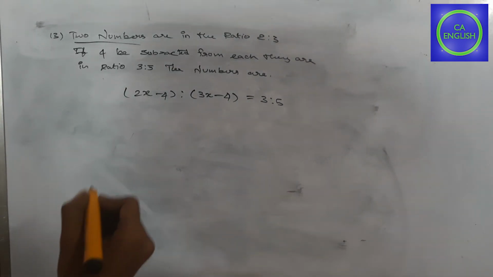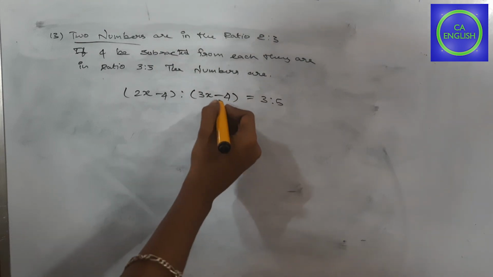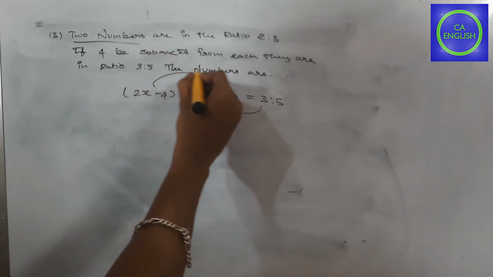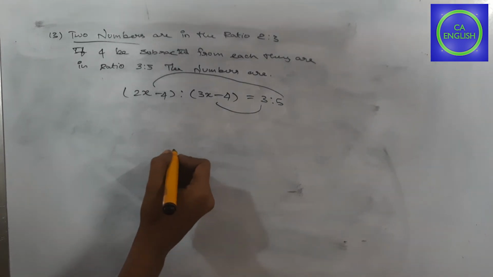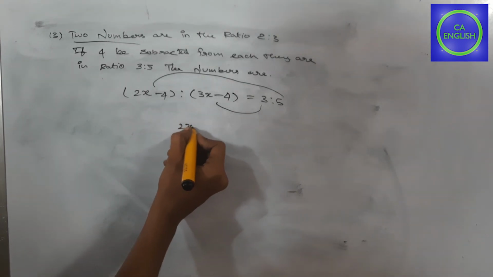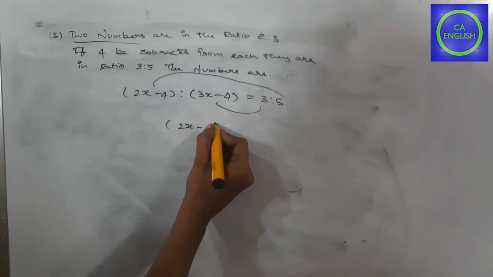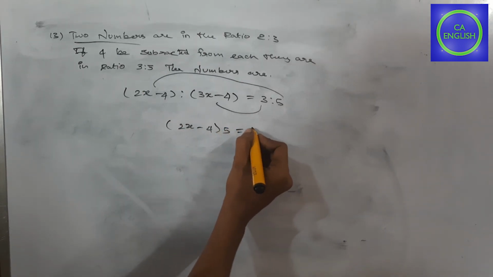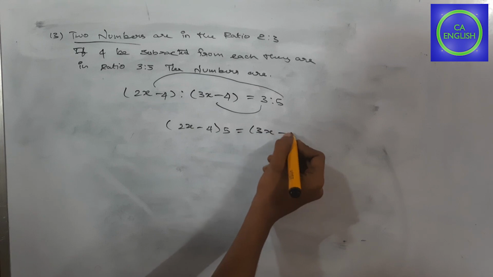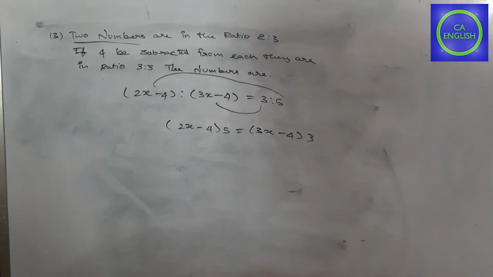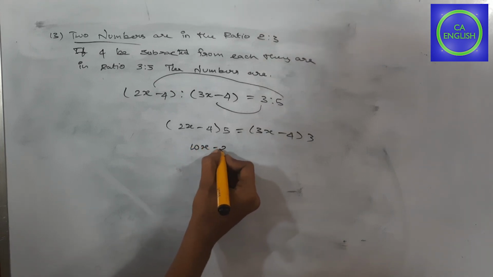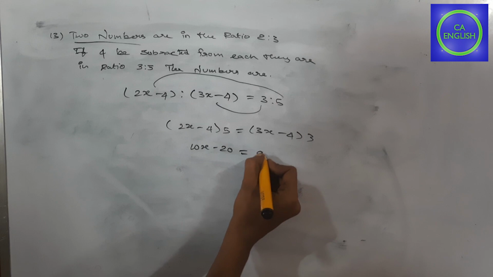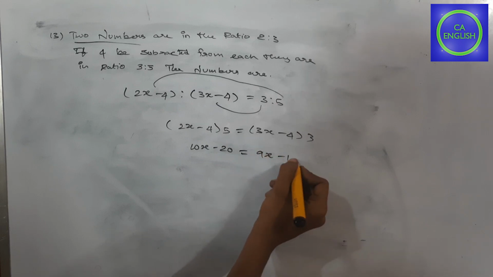Just multiply this with this and this with this. Then (2x minus 4) into 5 equal to (3x minus 4) into 3. Multiply inside it: 10x minus 20 equal to 9x minus 12.